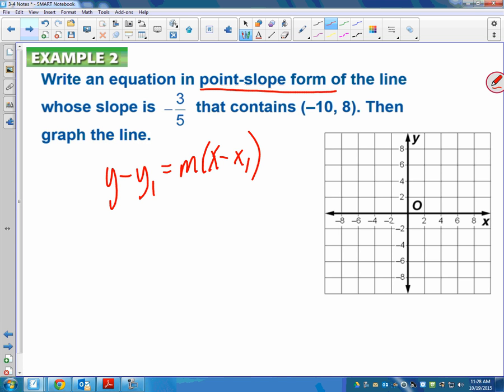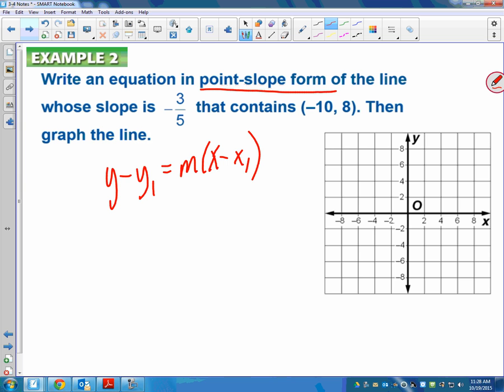You need to know point slope form. Because it says write an equation in point slope form of the line whose slope is -3/5 and contains the point (-10, 8). It's called point slope form because you just need a point and a slope, and you plug it in. Where am I going to plug -10 in?